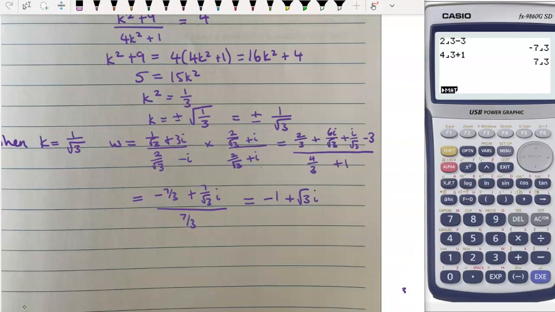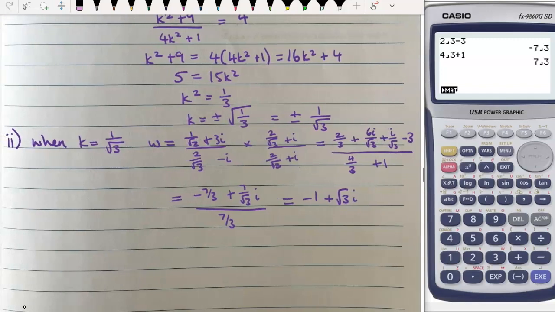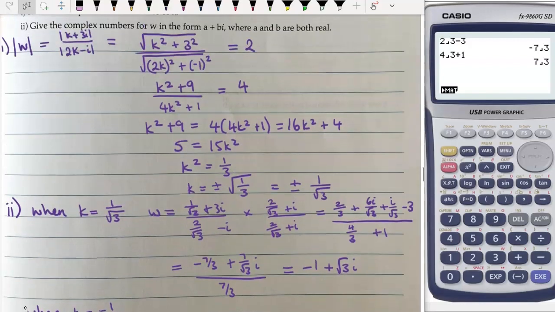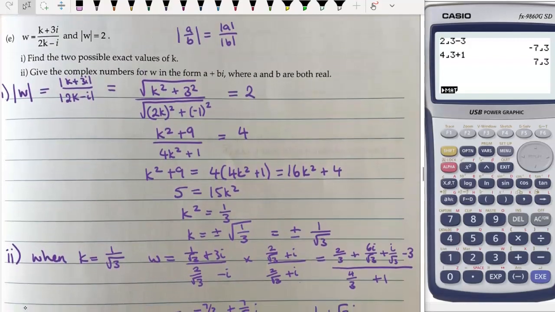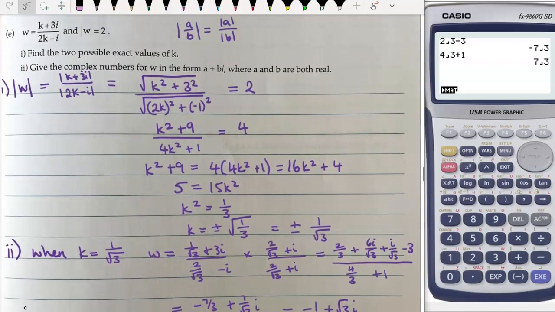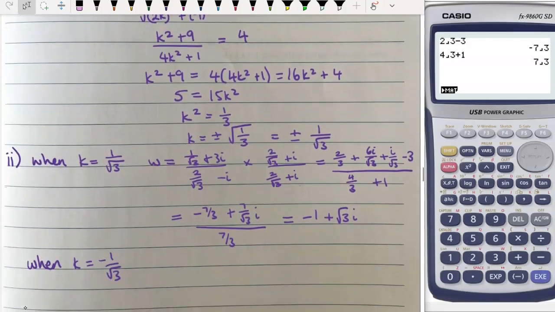Okay, now let's see if we can do the next bit without having to go through absolutely everything there. We can just switch around some signs. So when k is equal to minus 1 over root 3, let's see what that does then. So looking up at where k appears in this, it was the k that came at the beginning.